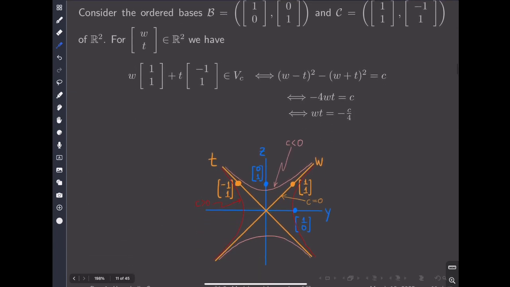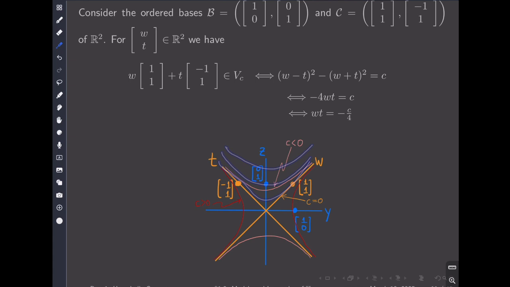And I'm not going to go through all this. Just that there are three different types of level sets. When C is negative, in the ZY plane they look like hyperbolas that open vertically, either far from the origin or very close to the origin.